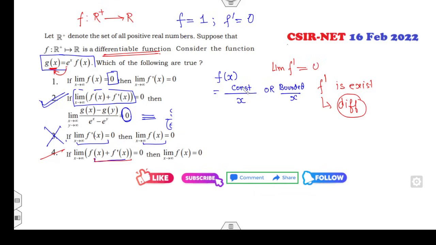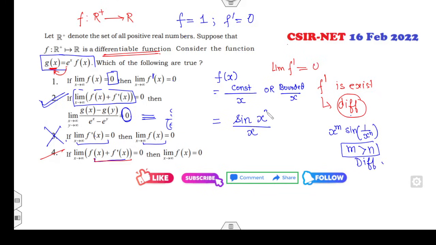If it is a constant, fine, then definitely f dash will be 0. But if it is bounded, you can choose any of the functions, sine and cosine. Fine. Sine of x. And when will sine and cosine not be differentiable? We all know whenever m is greater than n, then the function is differentiable.